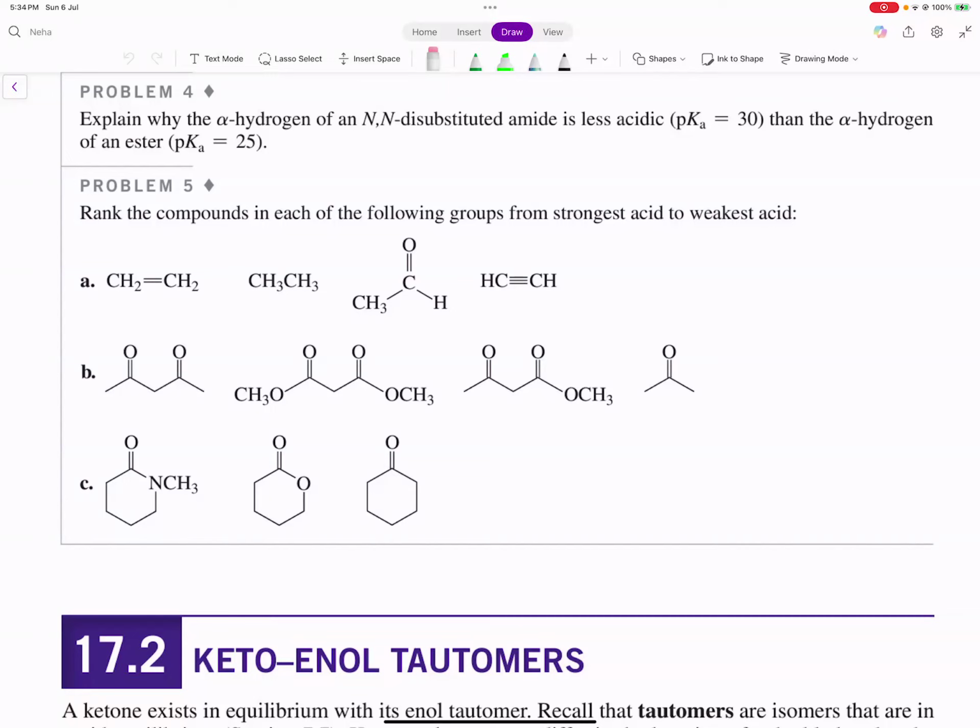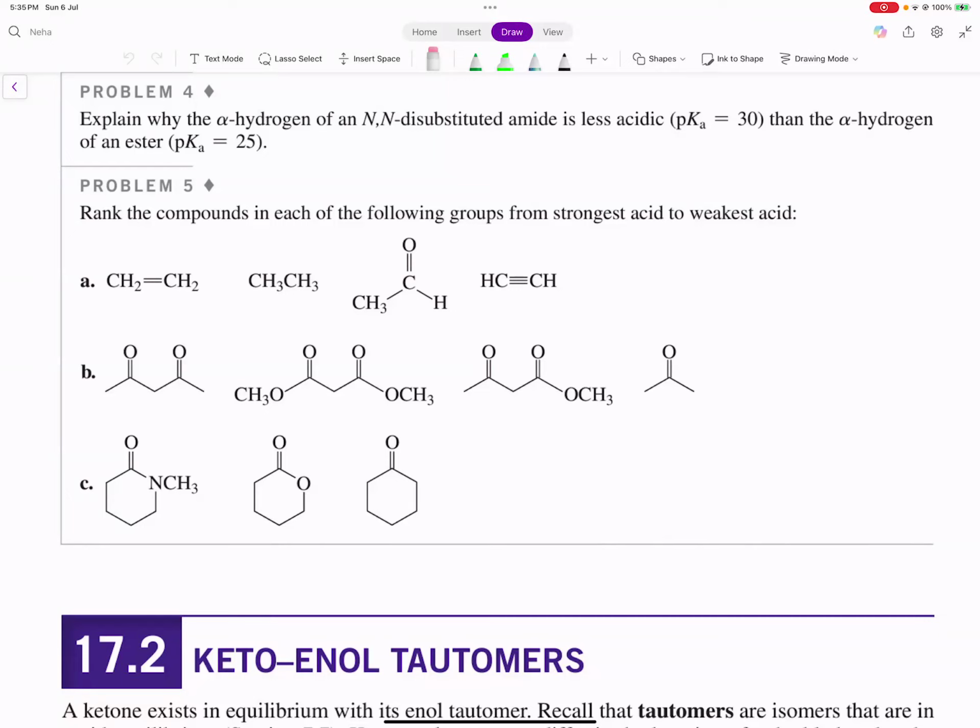So here I had wondered, when we say alpha hydrogen of ester, is it a hydrogen that is directly attached to the carbon that's directly attached to oxygen, right? Here the alpha hydrogen of an ester is the hydrogen that's bonded to the carbon next to the carbonyl carbon.